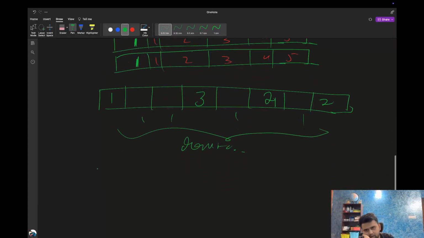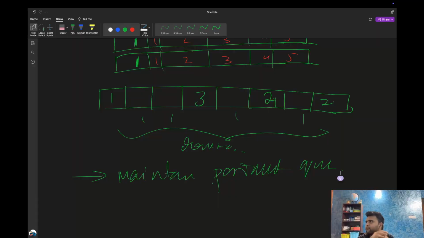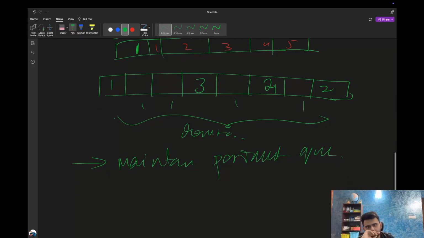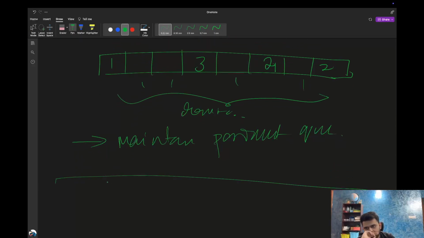I just maintain a priority queue. So I have a big one. So I choose what? 1, 2, 3.